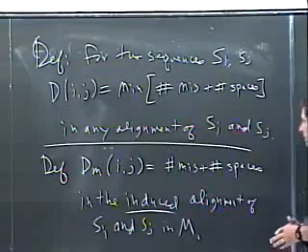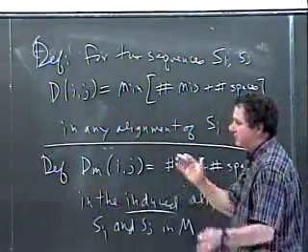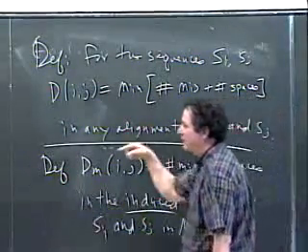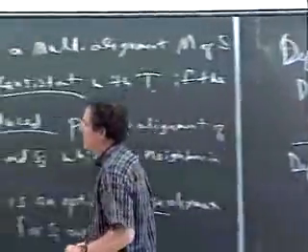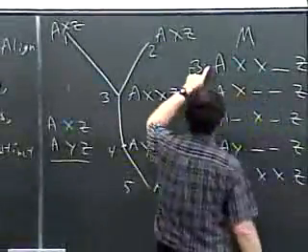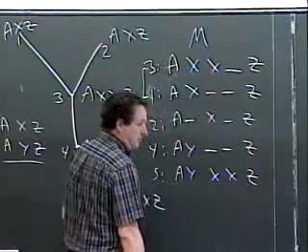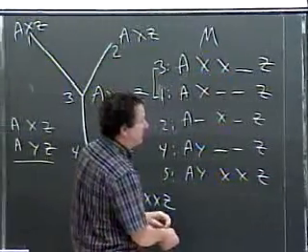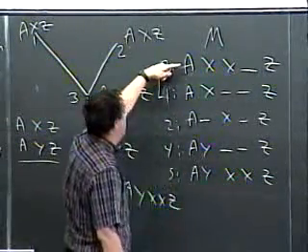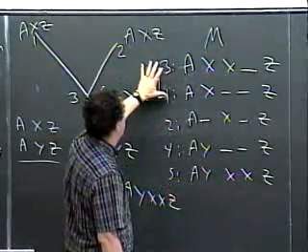Okay? So before I go on and before I restate the question, let's go back to this example to talk about what are the dM values. So what is dM of 1, 3?